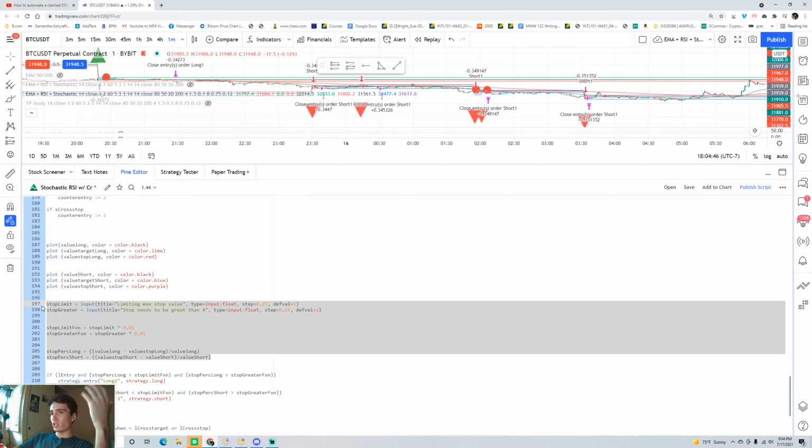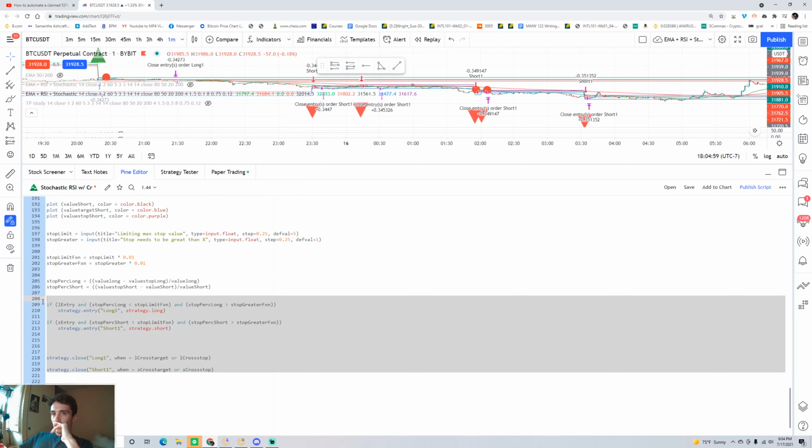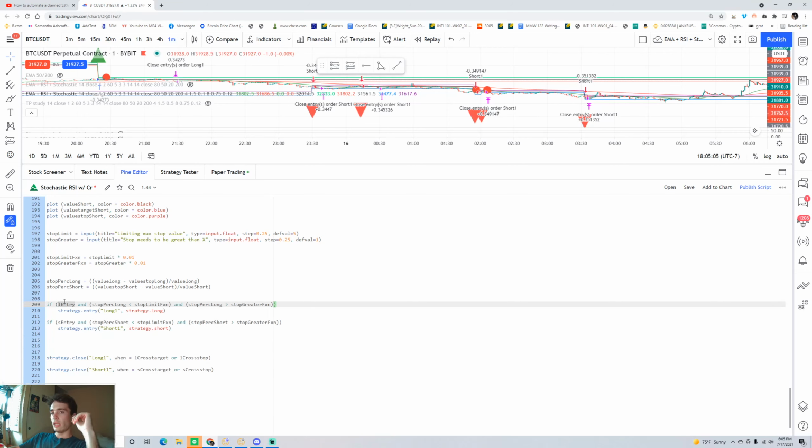And on the 1 minute chart, leveraging money, you don't want to be entering a trade if your stop is 5% or even 1%, because that is too unpredictable in a small time frame. Then I told the strategy to enter trades based off of my entry condition and my filtering of stop loss condition, and same for shorts, and I'm closing it once there is a cross target or a cross stop.